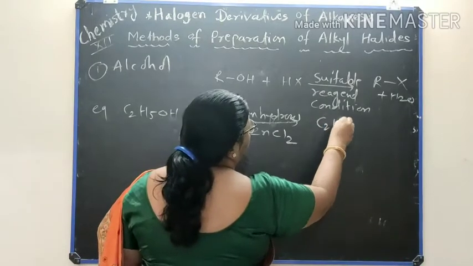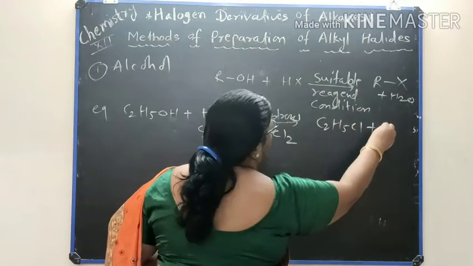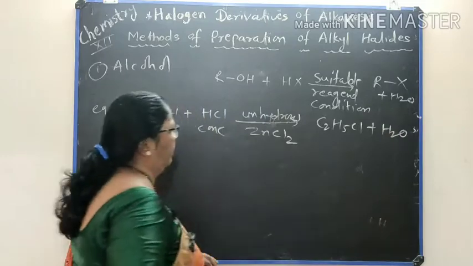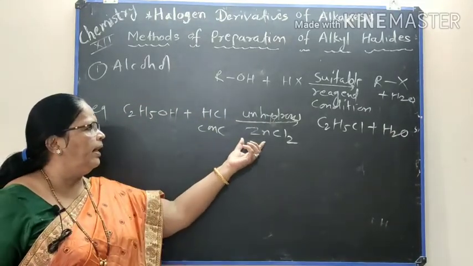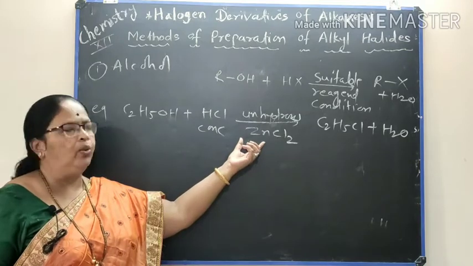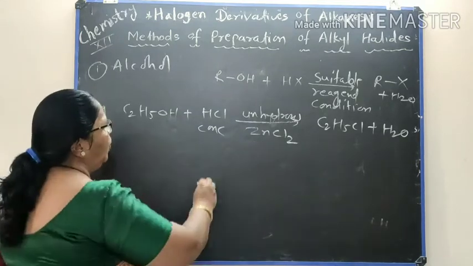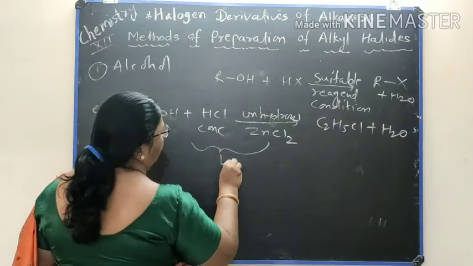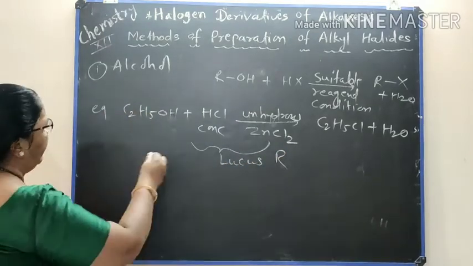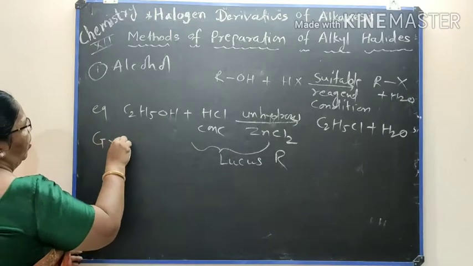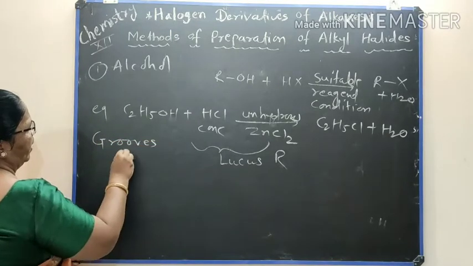It produces ethyl chloride as well as water molecule. Here the mixture of concentrated HCl and anhydrous ZnCl2 is called as Lucas reagent. And this process is called as Groove process.